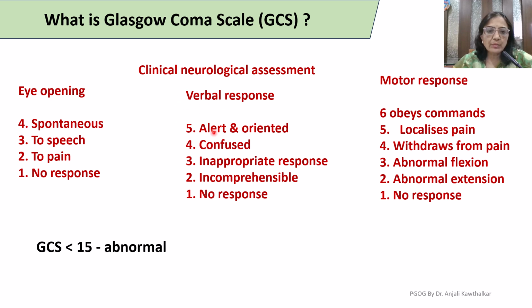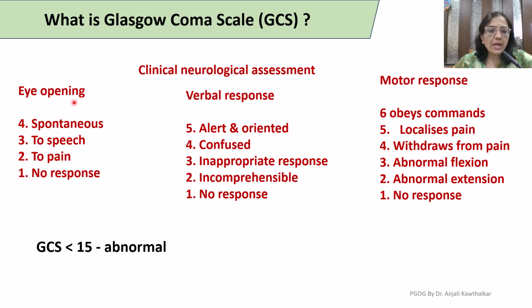A higher score indicates that the patient is not at risk of any involvement of the brain, but as you proceed down, the score reduces, and a low score is associated with an abnormal neurological condition of the patient.